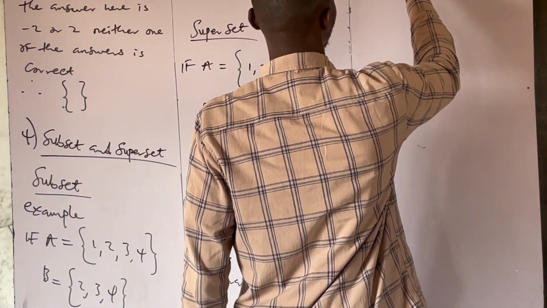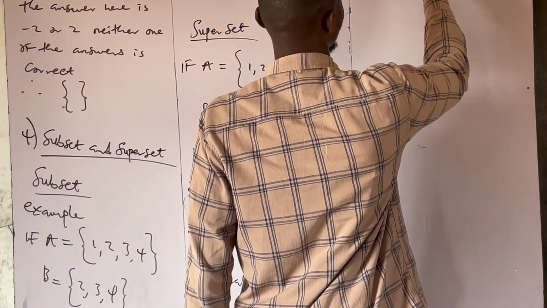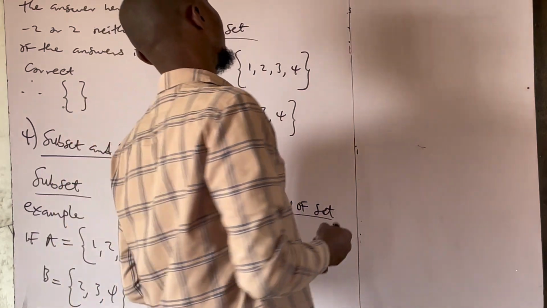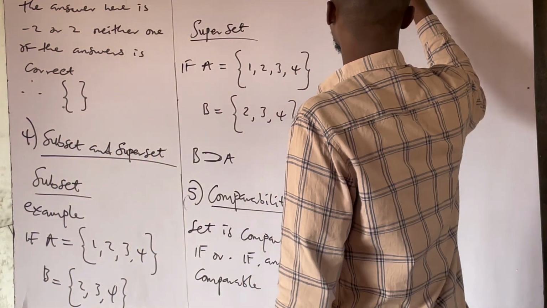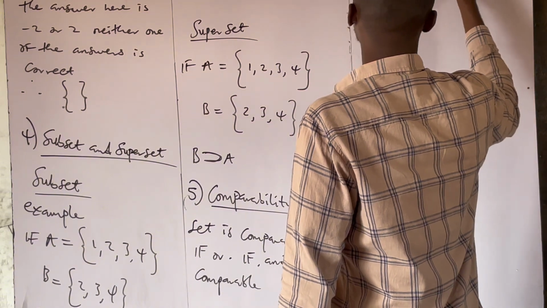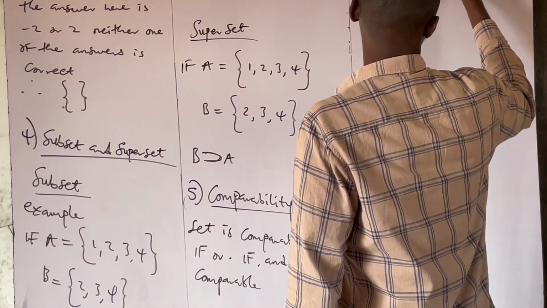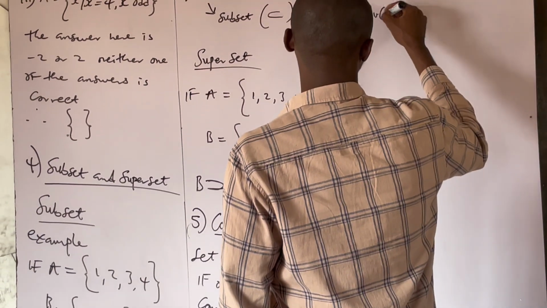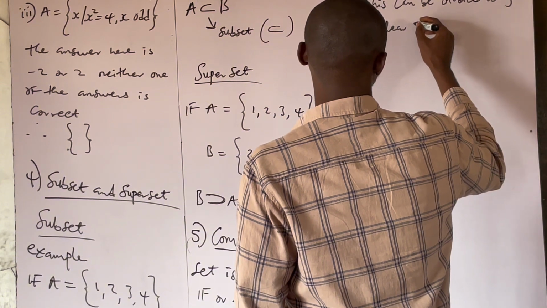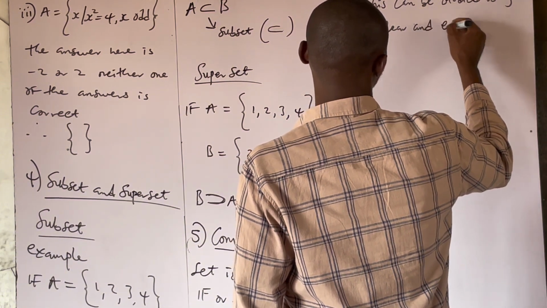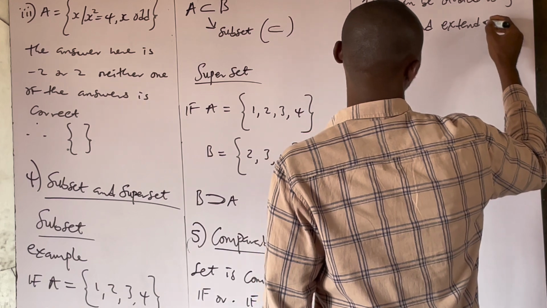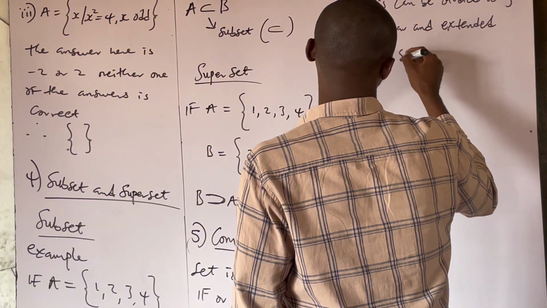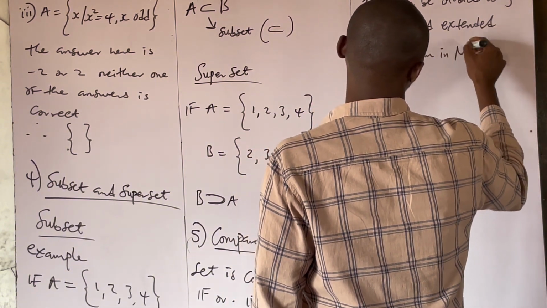Number 6. Now here we can see that this can be studied using the nuclear and extended family system in Nigeria.